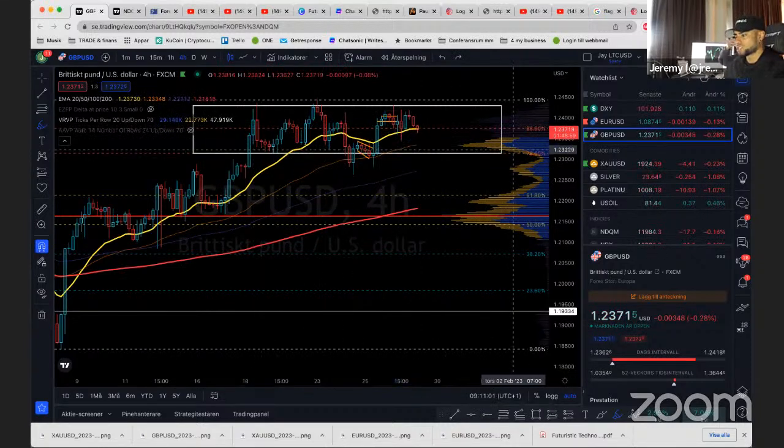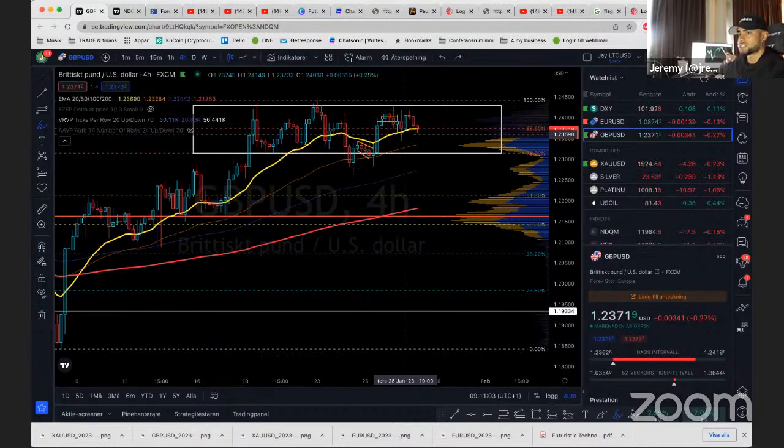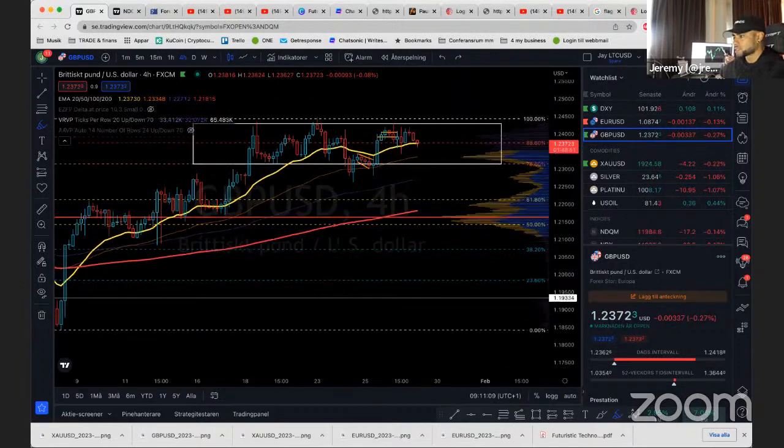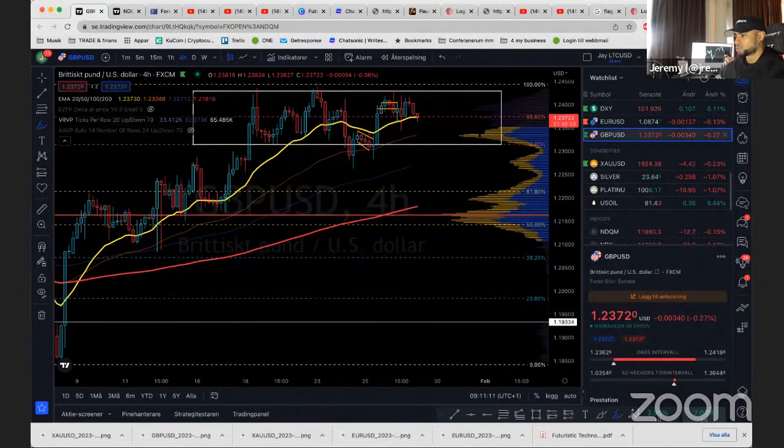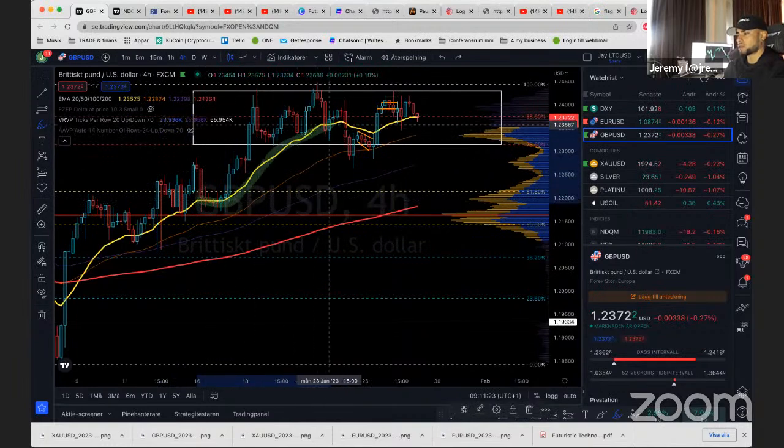So what's happening right now is that the market is retesting the top side of the volume as support. And in the meantime, on the 4-hourly time frame, it tests the 20-day EMA that we see here.